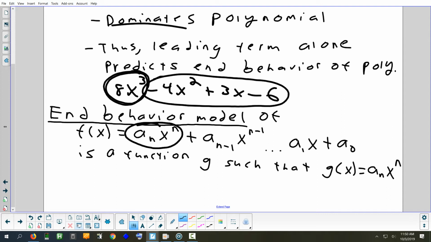Okay, so we have two problems. One, I'm going to give you an end behavior model. We're going to graph it, and we're going to see something. And then I'm going to give you a problem where you have to find the end behavior model yourself. Finding it is super easy. There's no math involved. Just write down the term with the highest exponent. The whole term: coefficient, variable, and exponent.